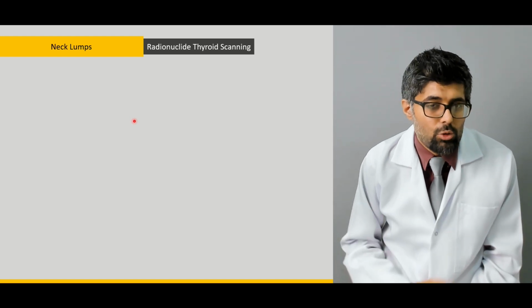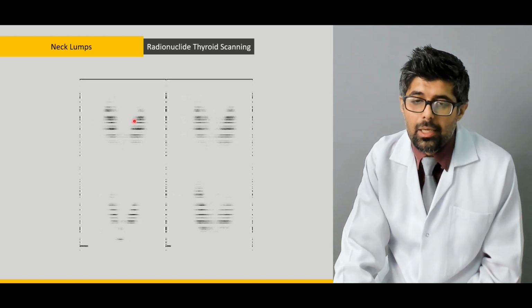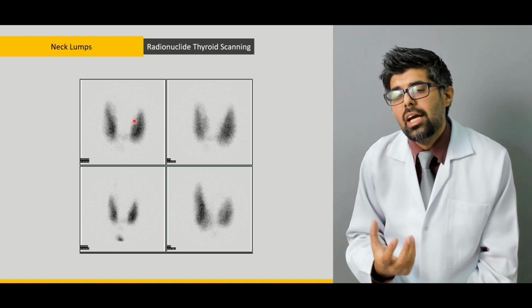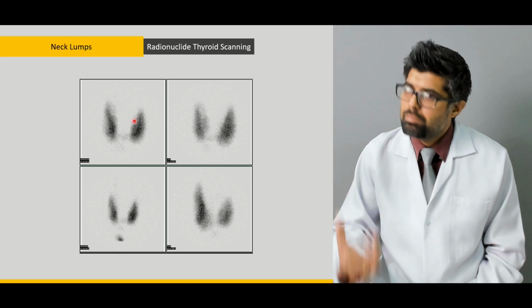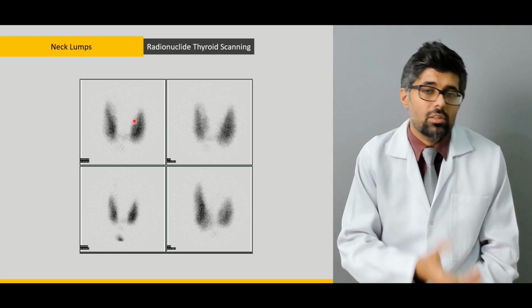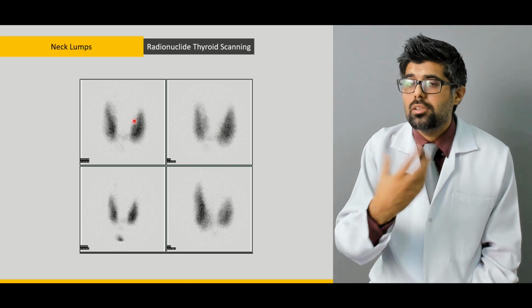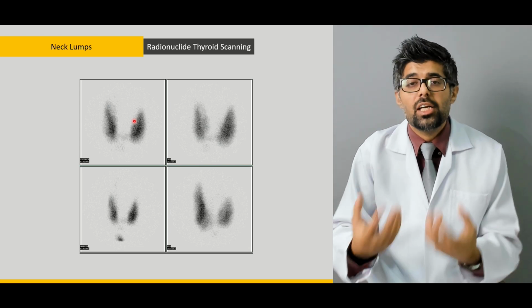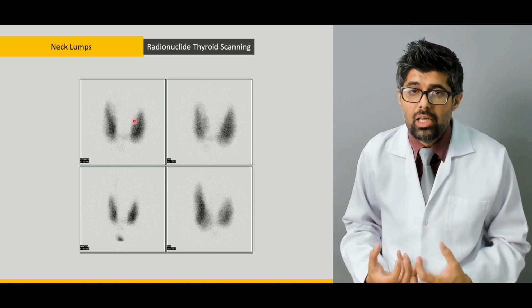Next, we have the radionuclide thyroid scanning. Now, radionuclide thyroid scanning again is like PET scanning, where a radionuclide, in this instance iodine 123, is introduced in the body, and that iodine is taken up by the thyroid gland.